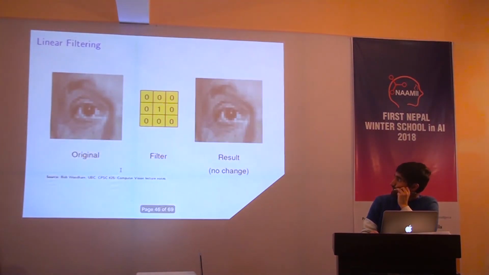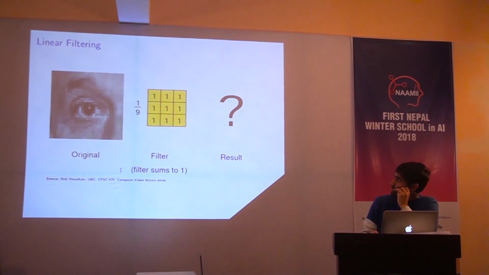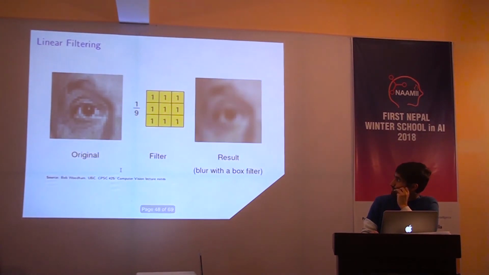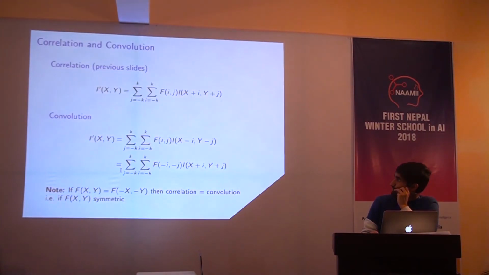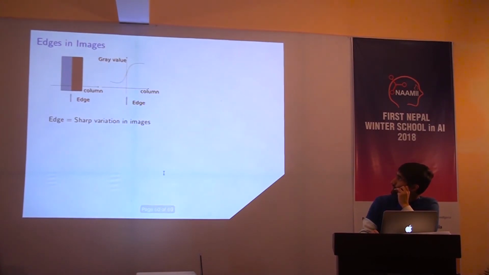So now we go into, this is again the same: correlation can also be seen as convolution with the negative values. I think we can skip this for now, because now we go into edges, the original question. Some of you already said it's a sharp variation in images.